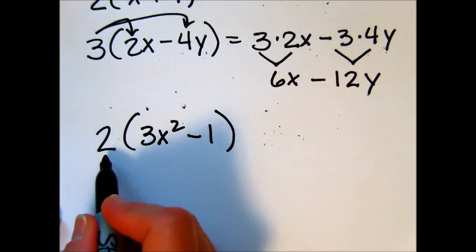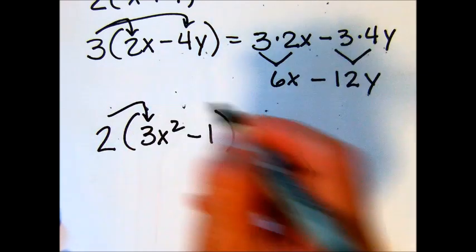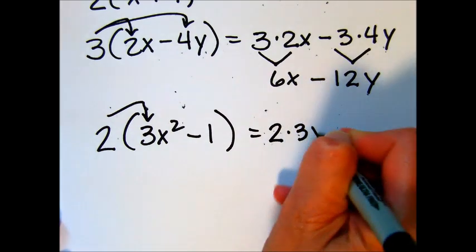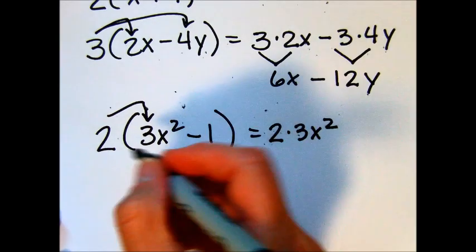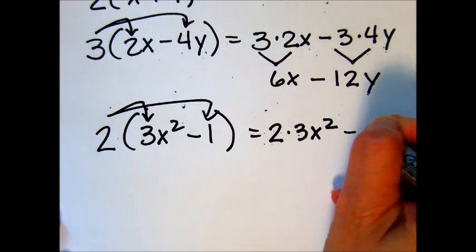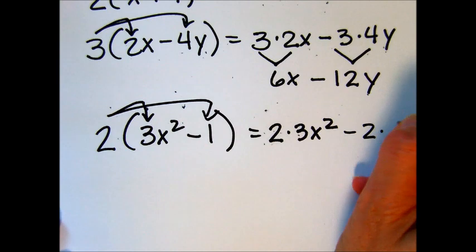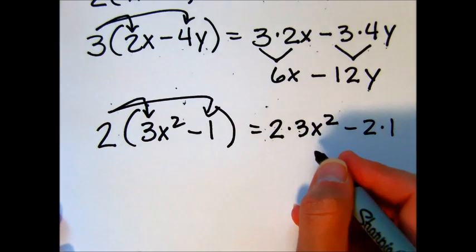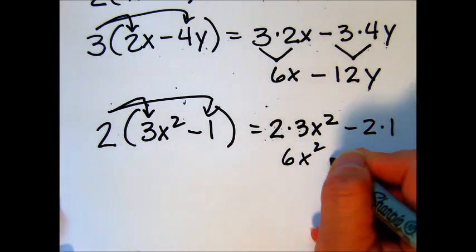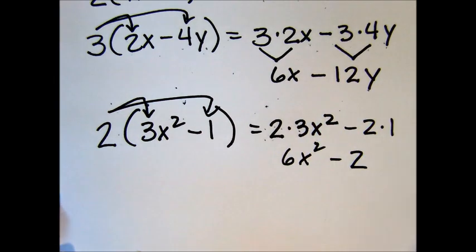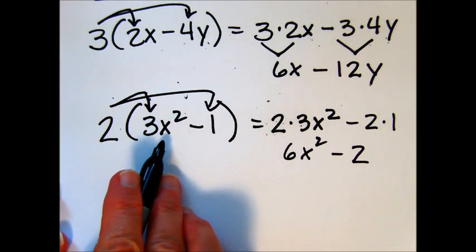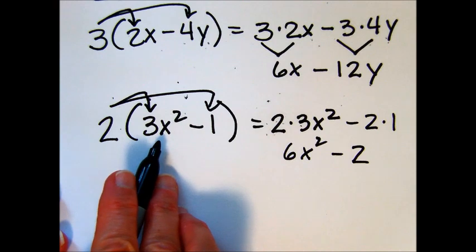Okay, again, we're going to multiply the 2 and the 3 first, so that's going to be 2 times 3x squared, and then 2 times negative 1, which is going to be, I'll write it out, minus 2 times 1. So then simplify, we've got 2 times 3 is 6x squared minus 2. Notice the x squared didn't really change because we're not multiplying this variable by another variable x.